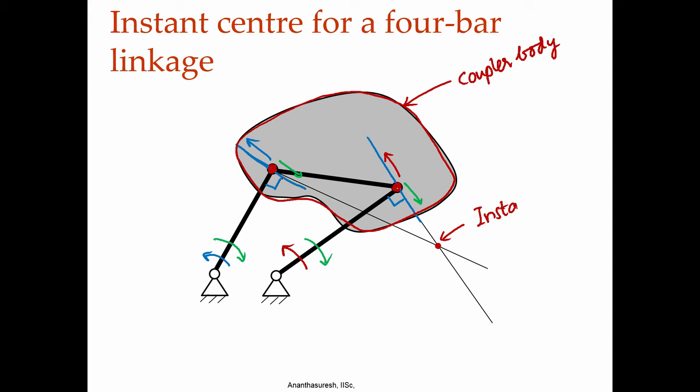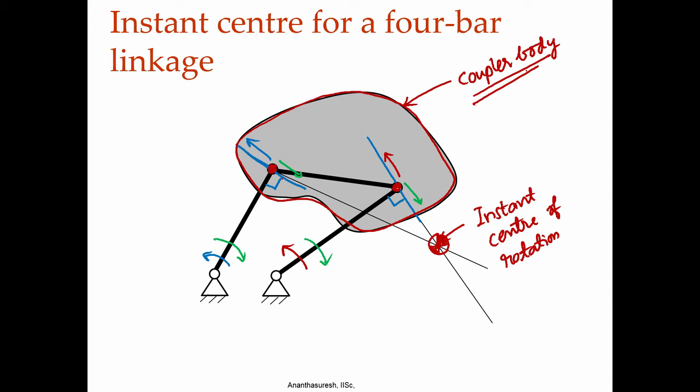So, this coupler body at this instant appears to be rotating about this point that we have just found. So, this will be our instant center of rotation. The whole rigid body, that is the coupler body, appears to be rotating about that point. This is the concept that we can apply to a 4 bar linkage, also even bigger linkages.